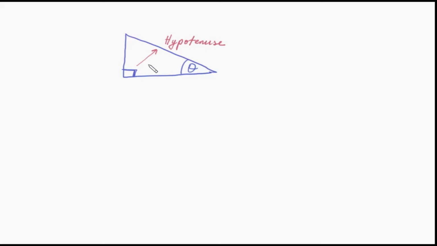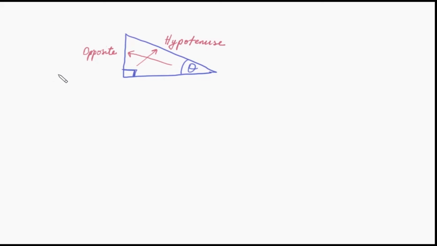All right, now let's see. If you are able to identify the hypotenuse depending on 90 degrees, then the next thing is to identify the side that is opposite to angle theta here. The side that is opposite to angle theta is always called opposite. Its name is opposite. The opposite side.